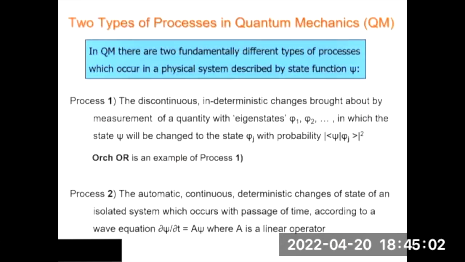And one important thing in it is that you have two kinds of processes in quantum mechanics. One is the discontinuous one, so that is the observation, in fact process one. And process two is the automatic unobserved evolving, so to speak.